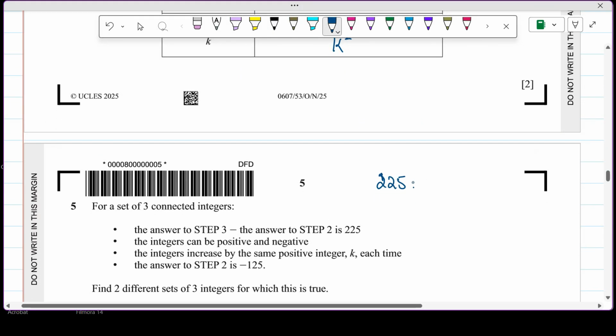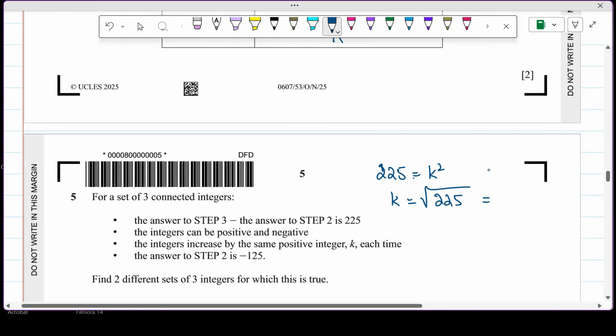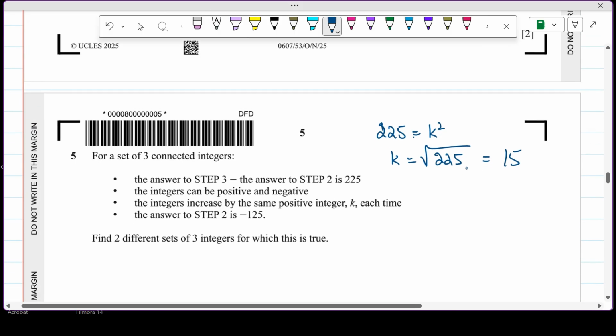So in this case, 225 is k squared. So the increment k is equal to the square root of 225, which is 15. So these connected integers will have an increment of 15.